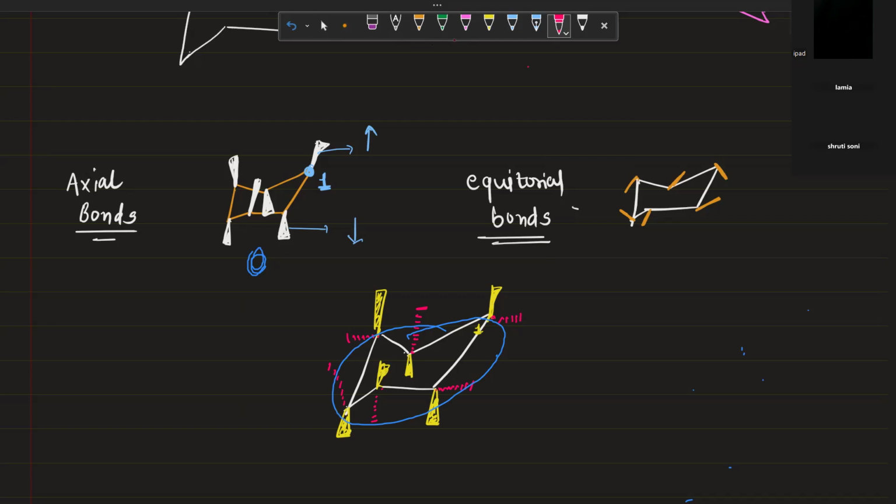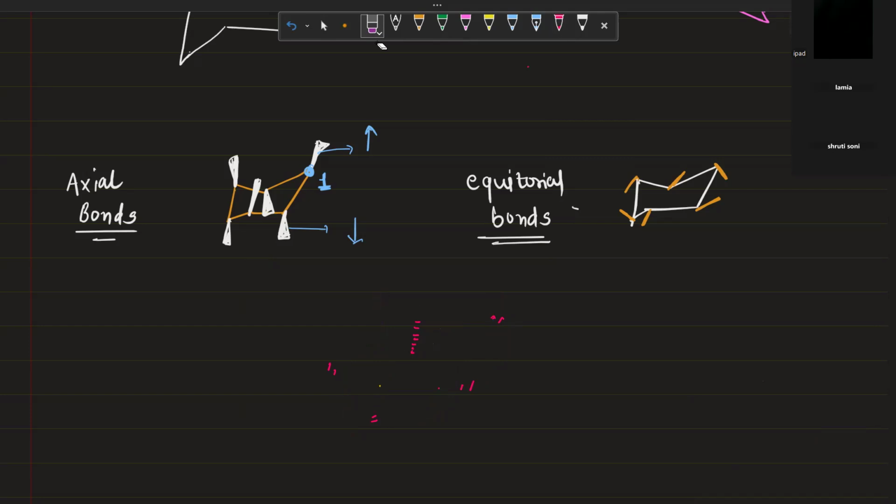Let's suppose I'm giving you an example, and you need to know whether the given bond is axial or not. You can erase this structure. You only need to know axial and equatorial.